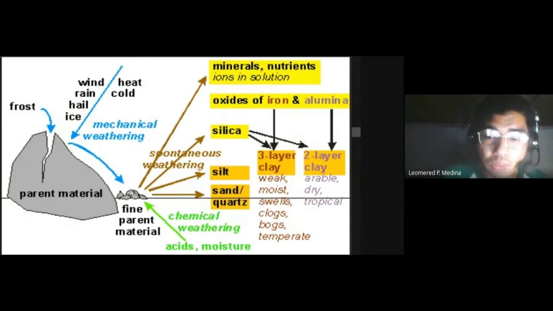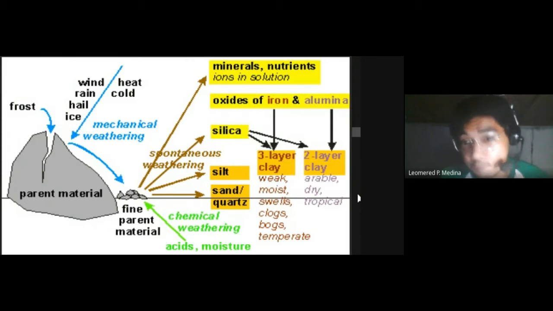So the reason why soil is created is actually because of the continuous weathering that is happening on rocks. So soil came from rocks, basically. Okay, so that is how soils were actually formed.